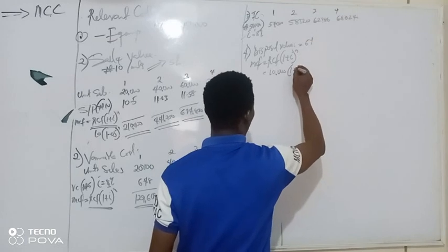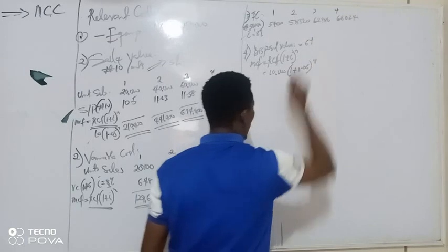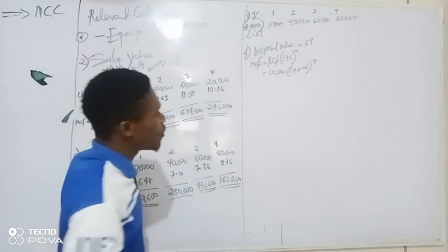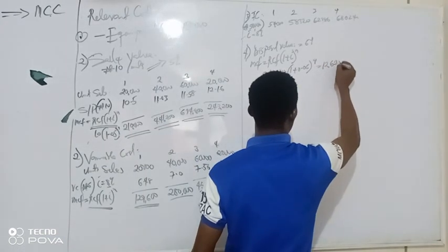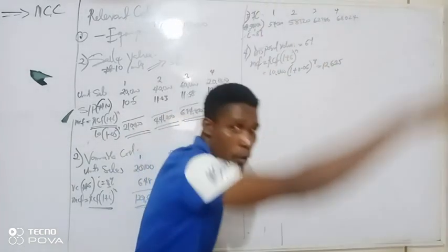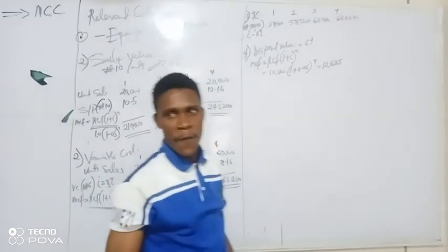So 1 plus 0.06 raised to power 4. That gives 12,625, because we only need it for year 4. So we don't need it for year 1.